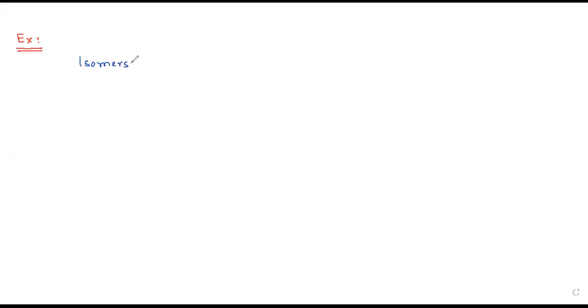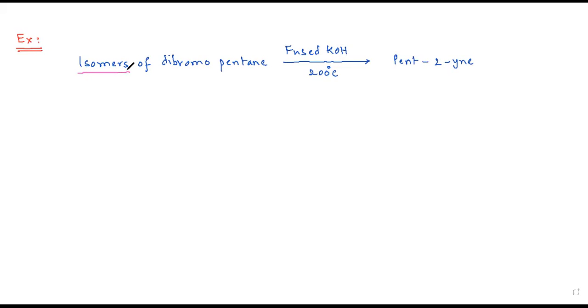Let us consider isomers of dibromo pentane. Whatever may be the isomer, we have different isomers of dibromo pentanes. When treated with fused KOH at 200 degrees centigrade, finally we end up with pent-2-yne. Let's see what are the different isomers possible for dibromo pentane.